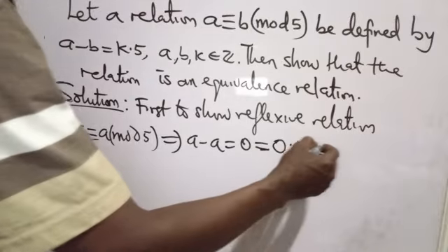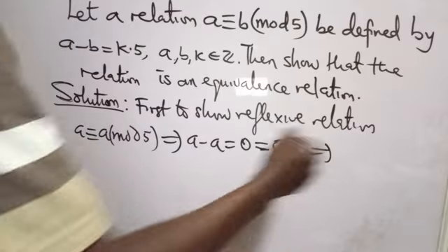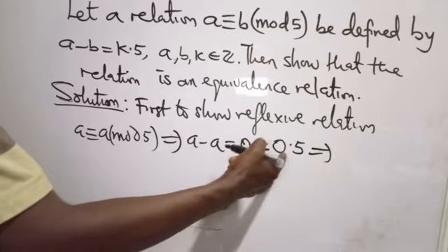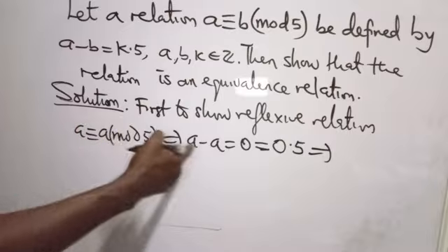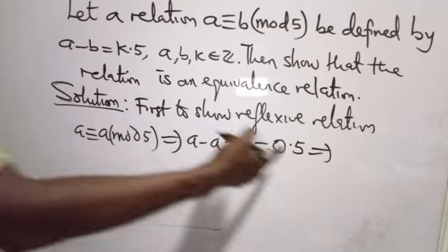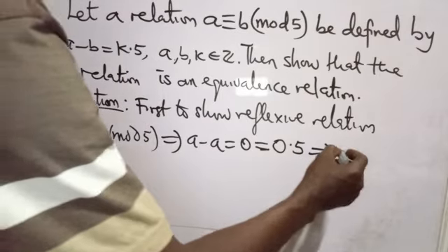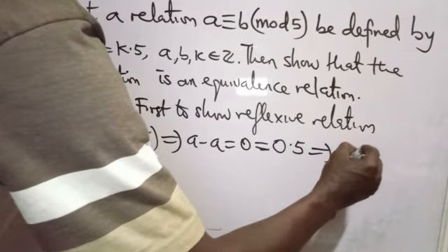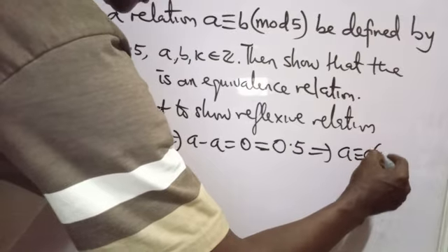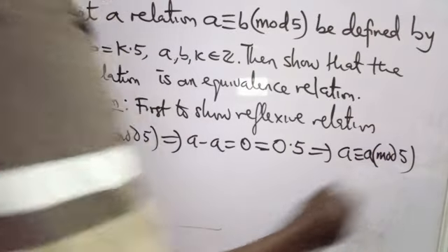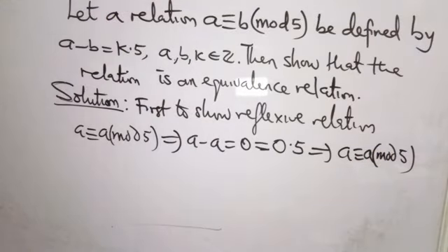So 0 is our k from this definition, and 5 is still 5. That means this has satisfied the fact that a ≡ a (mod 5). It is just as simple as that for a reflexive relation. Don't forget our a is coming from the integers.